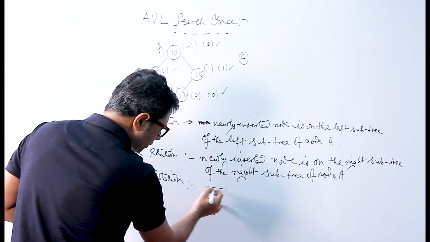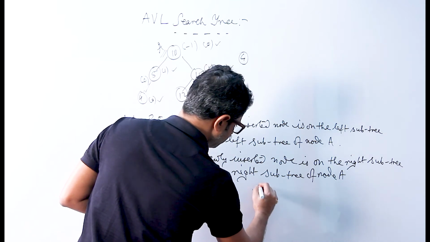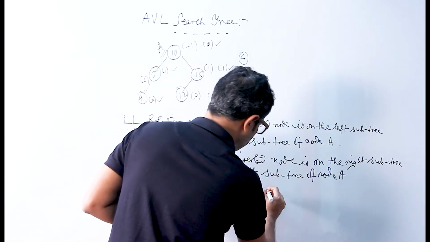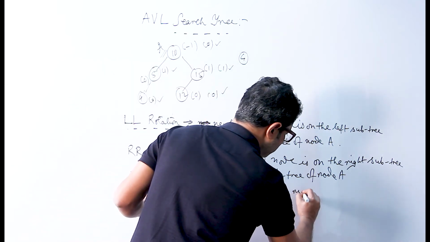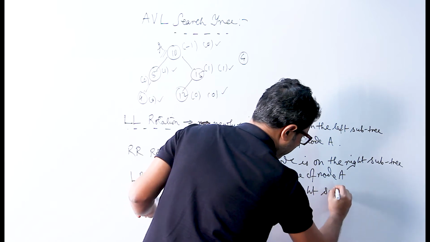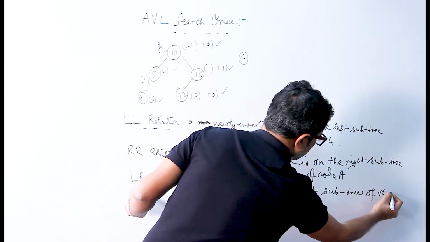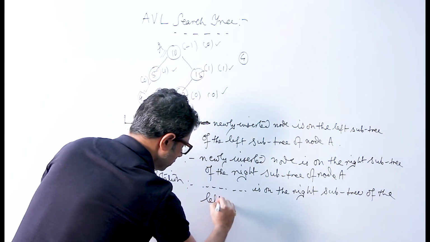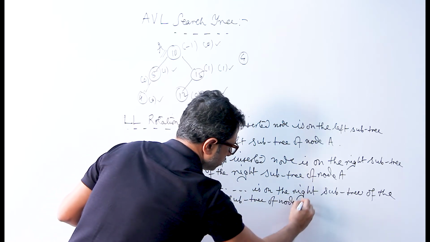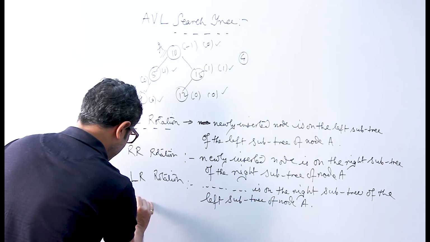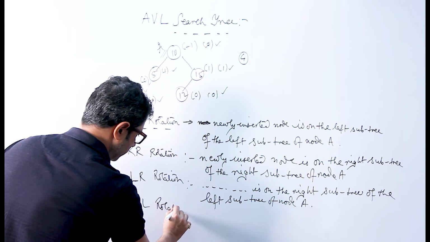So this newly inserted node is on the right subtree of the left subtree of node A.